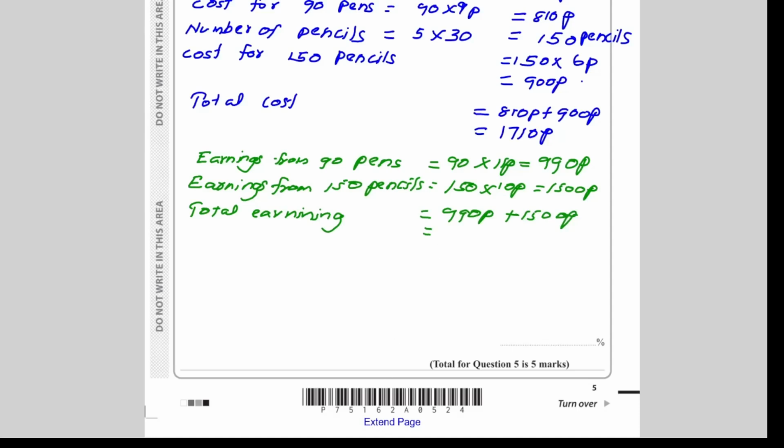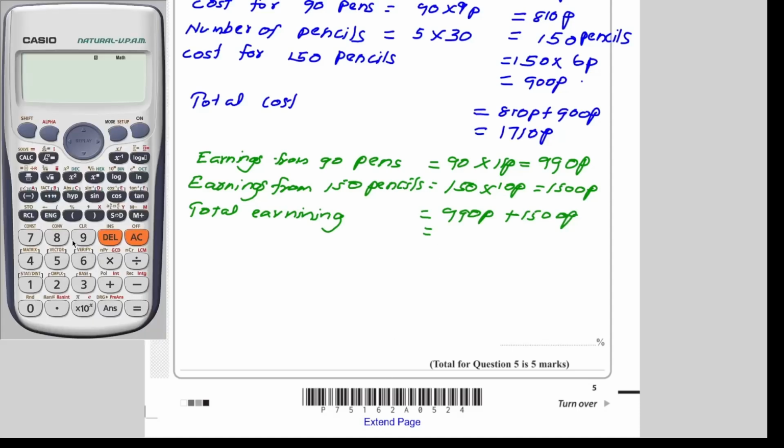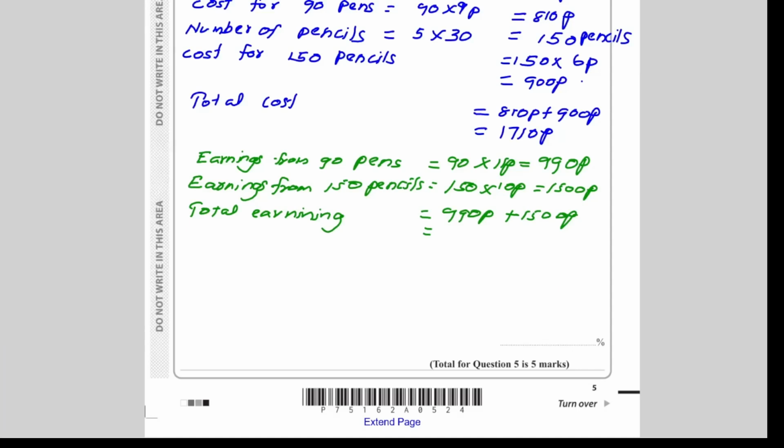Once we add them, 990 plus 1500 adds up to 2490 pence.